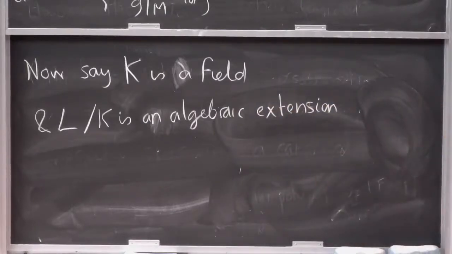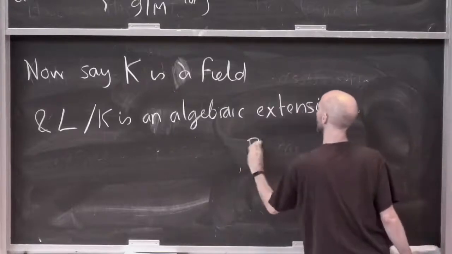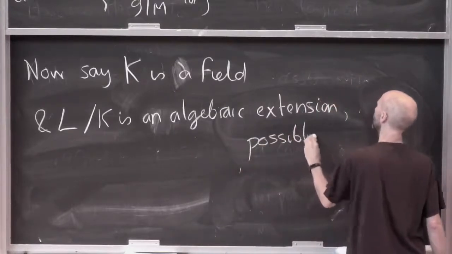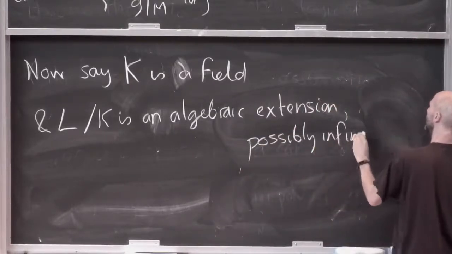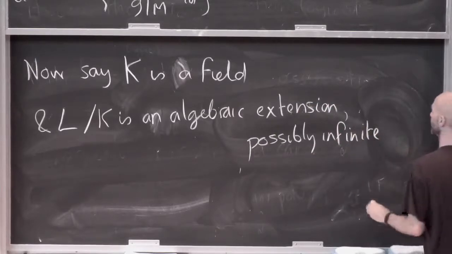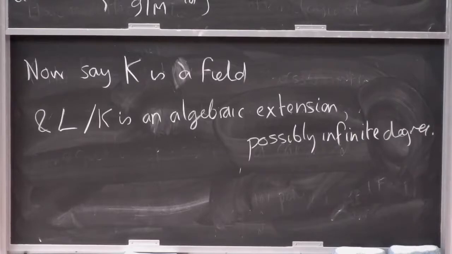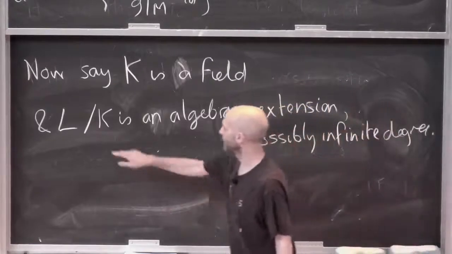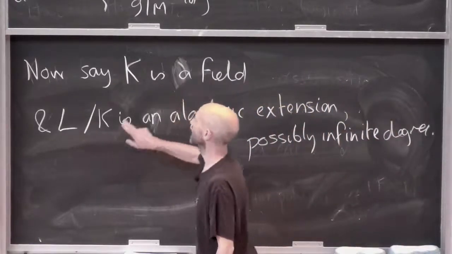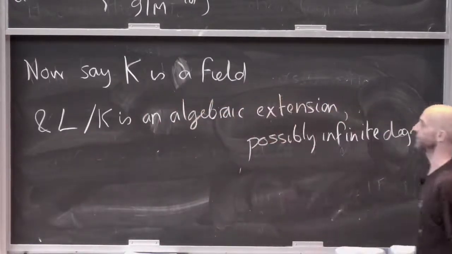So now it's possibly infinite, possibly infinite degree. So we have an infinite algebraic extension. So that algebraic just means every element of L satisfies some non-zero polynomial with coefficients in K, of course.